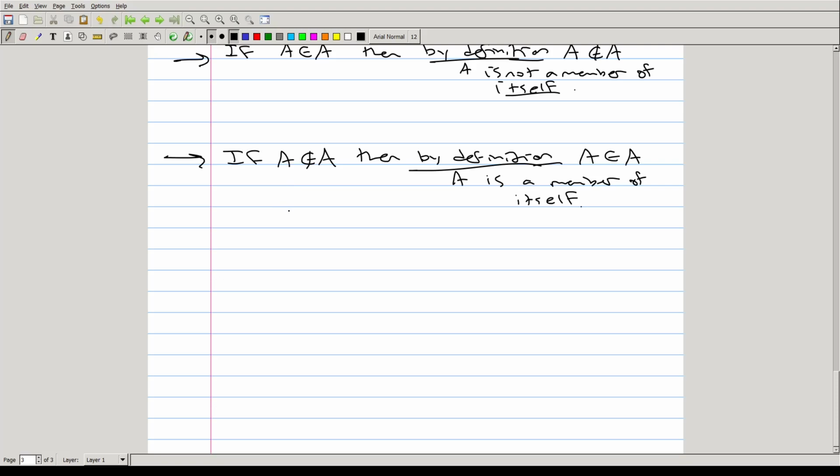And the problem now is that by the defining property of this A, we have a biconditional: A is an element of A if and only if A is not an element of A, which is a contradiction.